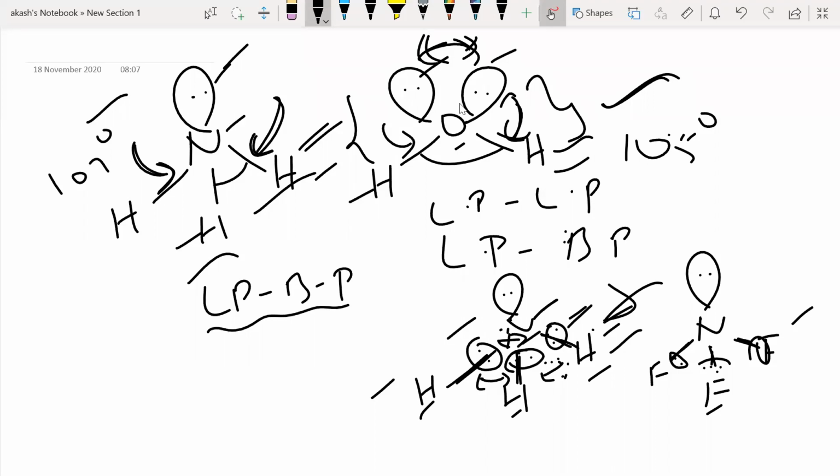When repulsion increases, the bond angle will increase. They will try to move away from each other. That's what VSEPR says. So when I compare NH3 with NF3, NH3 will have the higher bond angle, because nothing of that sort is happening in case of your NF3. Is it okay?